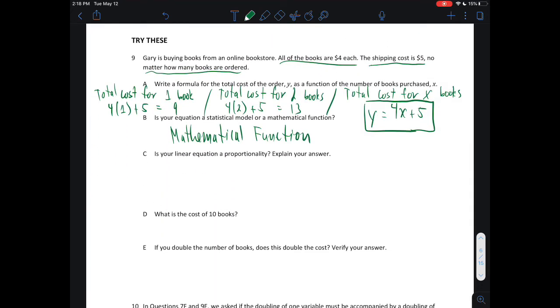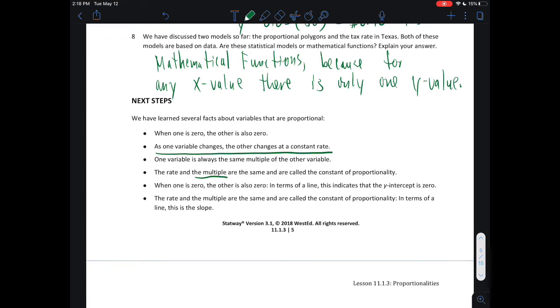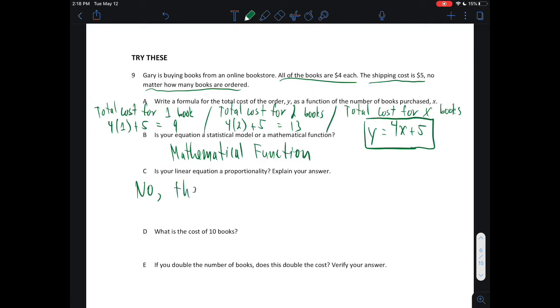What you might want to think of is the total cost for one book was $9, but if you get twice as many books, which means instead of 1 book you get 2 books, did the cost become $18? No, we don't have something like that. There's one reason. What's another reason? A very simple one. Is the y-intercept 0? No, it's not. The y-intercept is 5. So we can say the y-intercept is not 0.